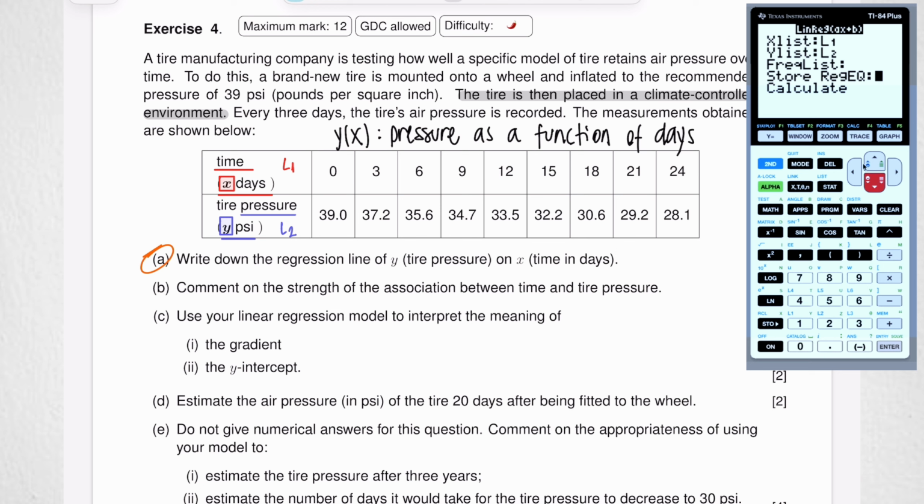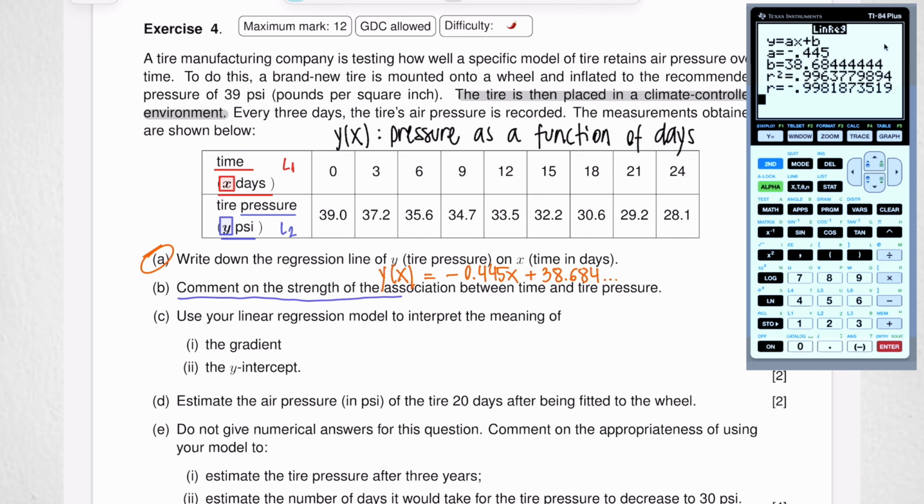L2 is the pressure, and we're going to store, which means clicking on vars function y1, whatever equation that we get, which means a linear one, into our y1. And what we get here is y as a function of x as negative 0.445x plus 38.7 rounded to 3 significant figures.